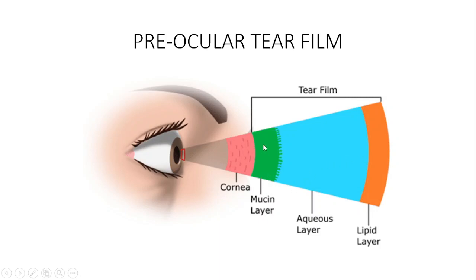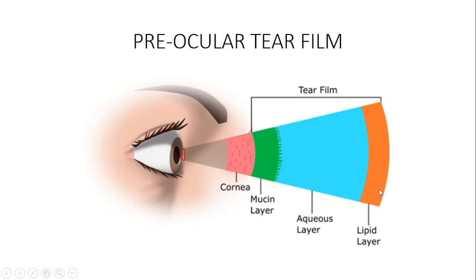We have the inner mucin layer, the middle aqueous layer, which constitutes about 90% of the thickness of the tear film, and of course, the surface lipid layer or the outer lipid layer.